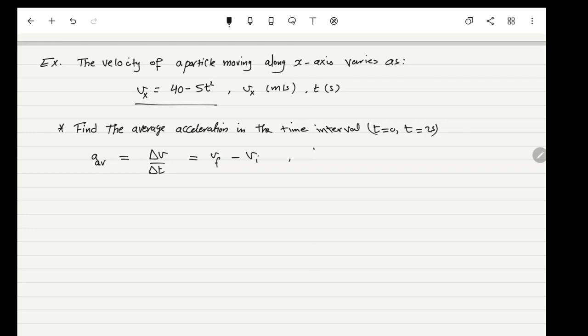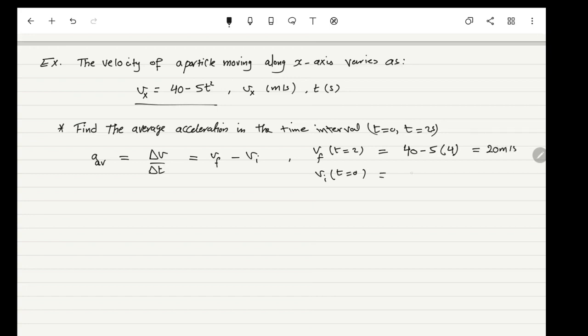So we need to calculate the v final when t equal to 2 seconds and v initial when t equal to 0 seconds. Now the v final when t equal to 2 is 40 minus 5 multiplied by 4 in this case here, which equals 20 meter per second.